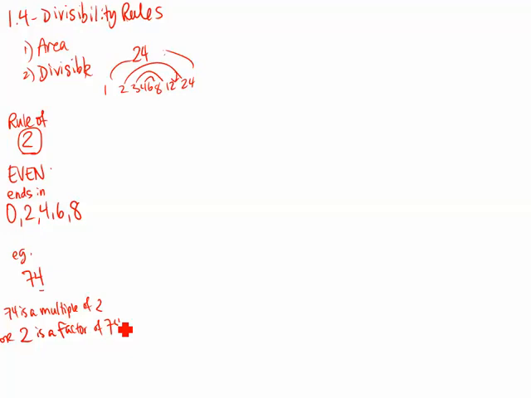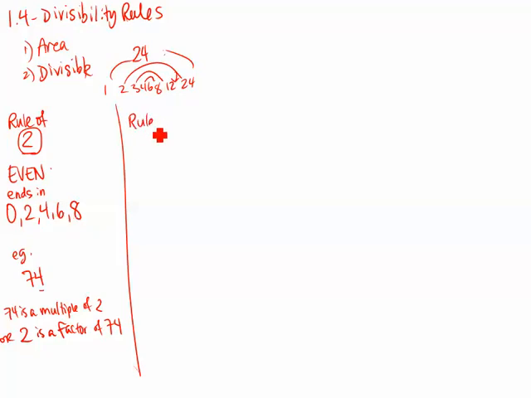Which means that if you skip count by 2 all the way, you'll get to 74, or the other way around, if you want to make a rectangle, then 2 is a possible dimension of a rectangle that has an area of 74 things in it. So anything that ends in an even number, i.e. 0, 2, 4, 6, or 8, will be divisible by 2.